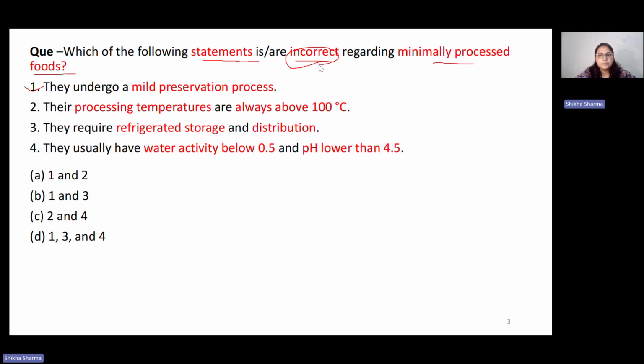The first statement says that they undergo a mild preservation process. Second, their processing temperatures are always above 100 degrees Celsius. Statement 3 says that they require refrigerated storage and distribution. And fourth says that they usually have water activity below 0.5 and pH lower than 4.5. So we need to tell which statement is incorrect here.